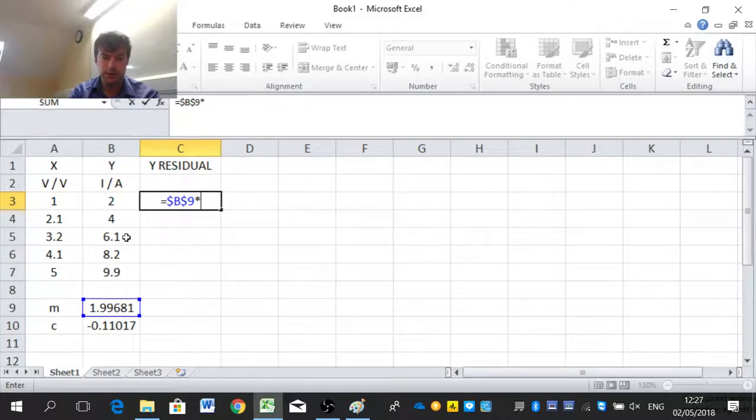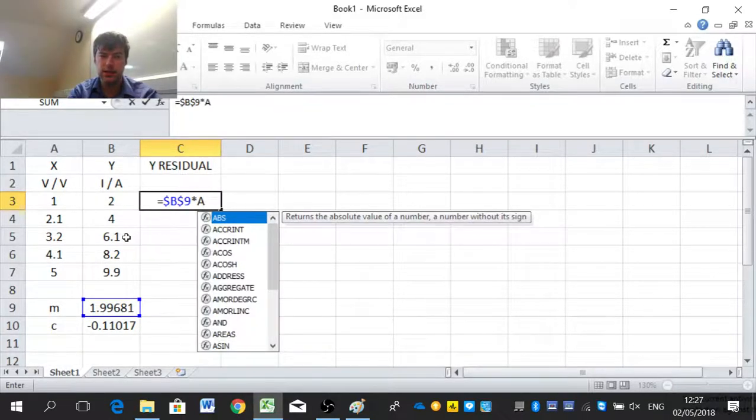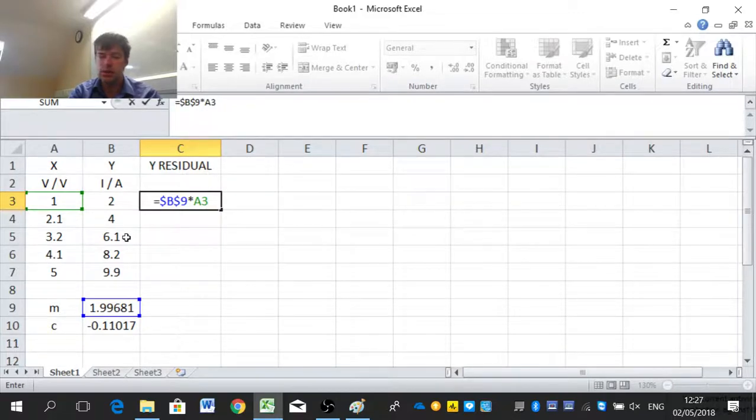A3. Yeah. Well, can't you just click on it? You can just click on it, yeah. Why didn't you click on the $B$9? If I click, it doesn't put the dollars, and I need the dollars because the dollars tell the program, don't ever change this value. It's a constant. That's actually important.